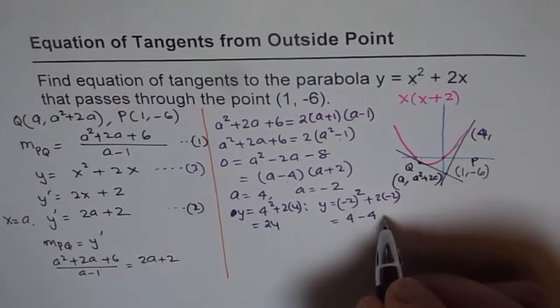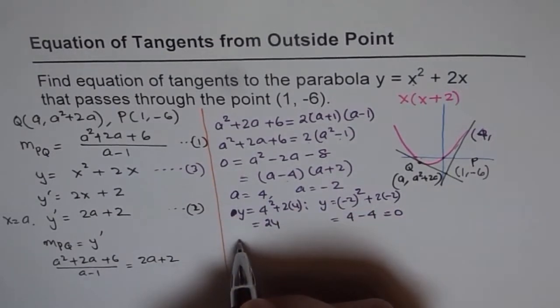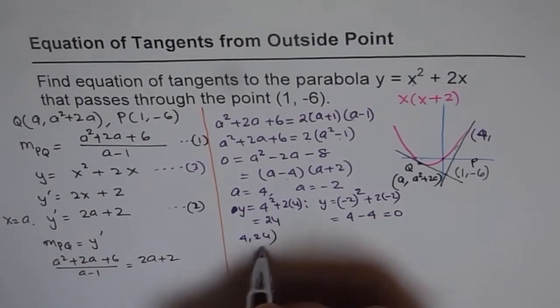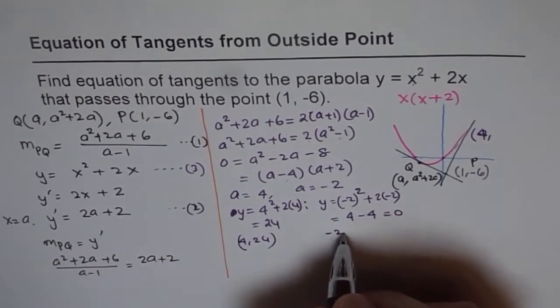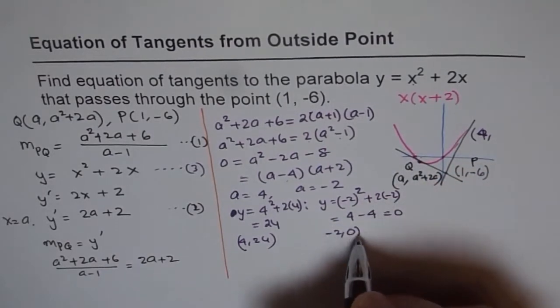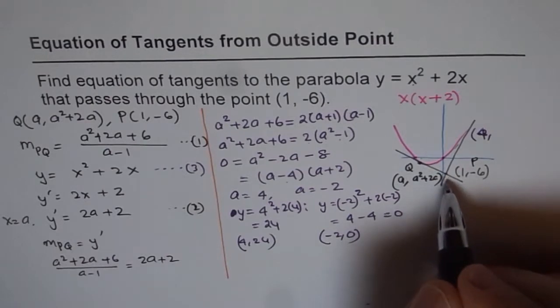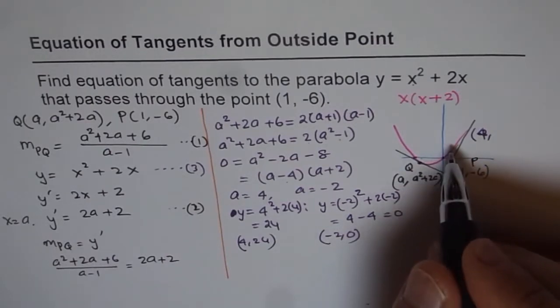So f of minus 2 is 0. So the points for us are 4 and 24, and here we get minus 2 and 0. So these are the 2 points on the function where the tangent from P will be touching the curve, right?